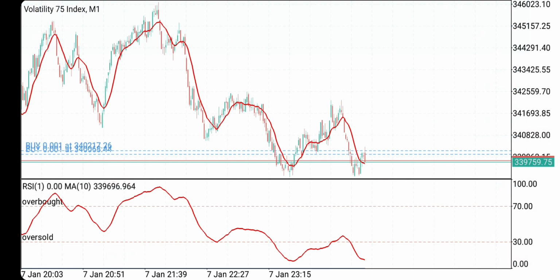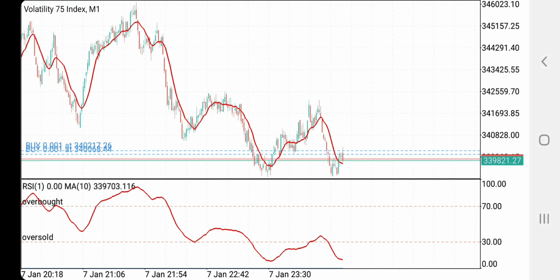All right, so as you guys can see, we have entered right here. Right now we're down below, but it seems promising. We're going to see how all this turns out.